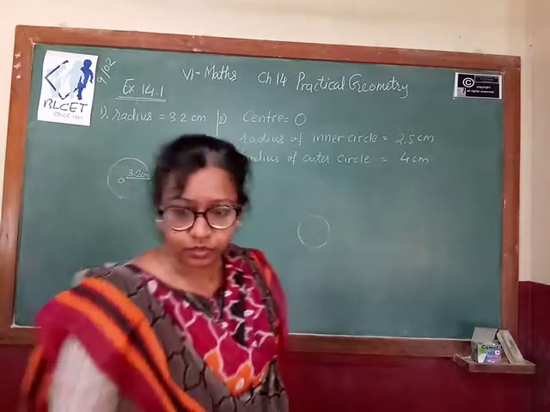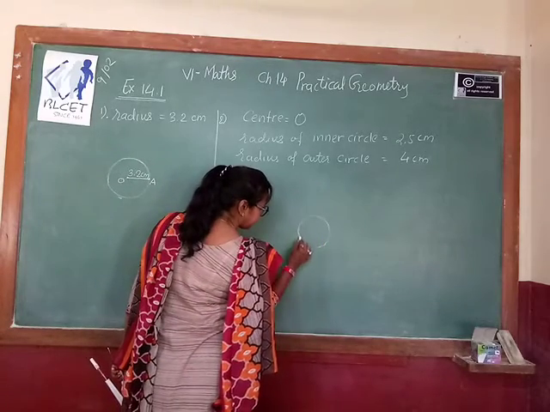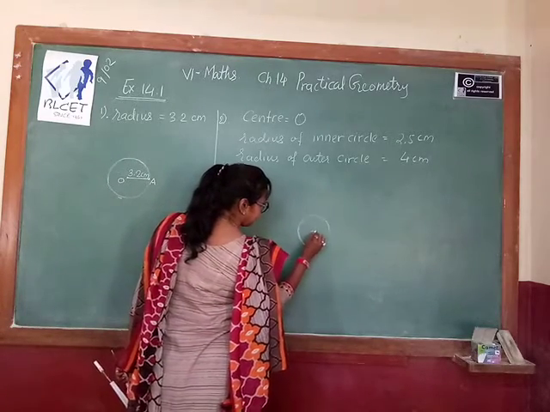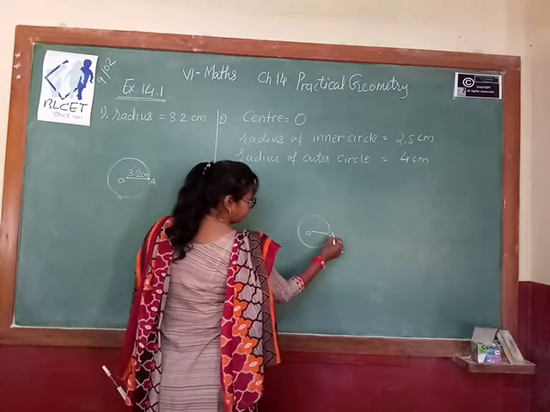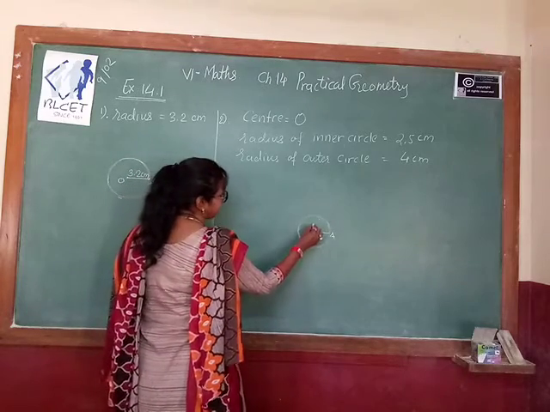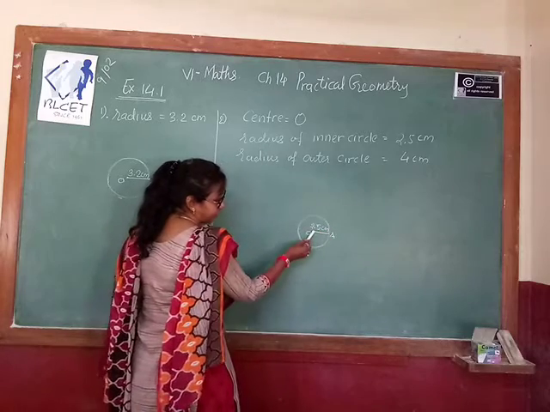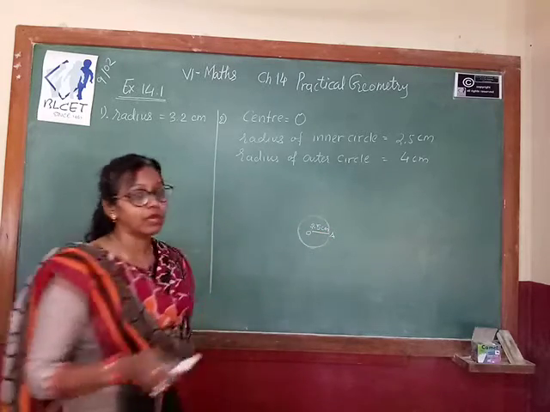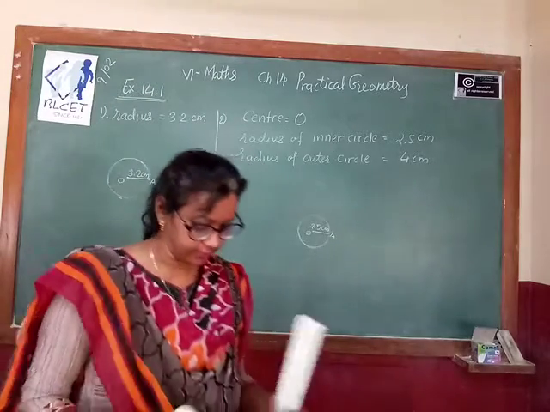Okay, so this is your center. Give the name of the center as O. Whatever point is on the boundary, give the name as A. So what is the measurement of the radius? 2.5 centimeter.